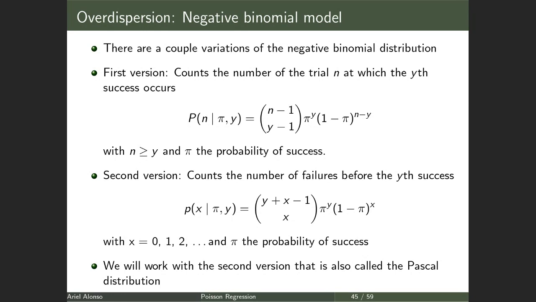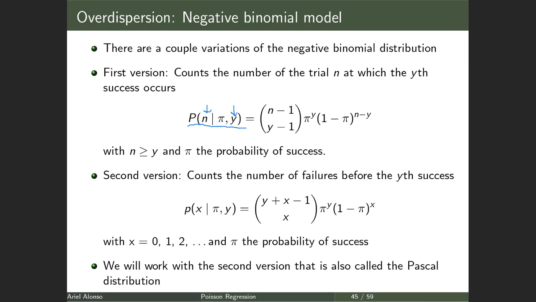Let's call it y successes. So the number of trials at which y successes happen. Suppose that you are tossing a coin, and it's the number of trials at which I will get 10 heads. The negative binomial distribution just gives you the probability that you will have to do n trials before you get y successes.